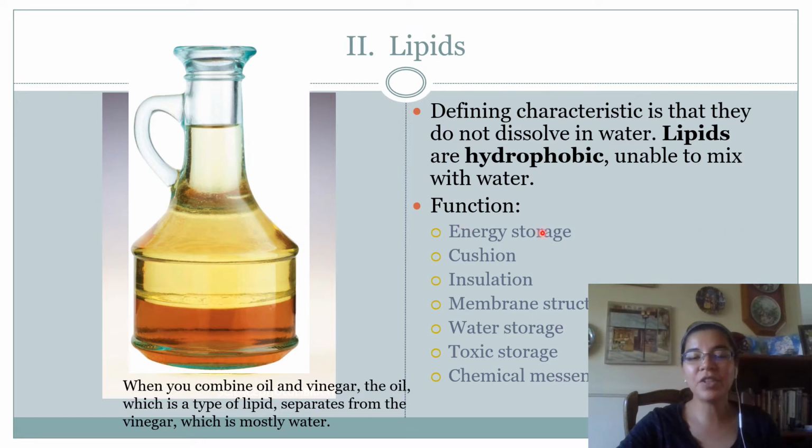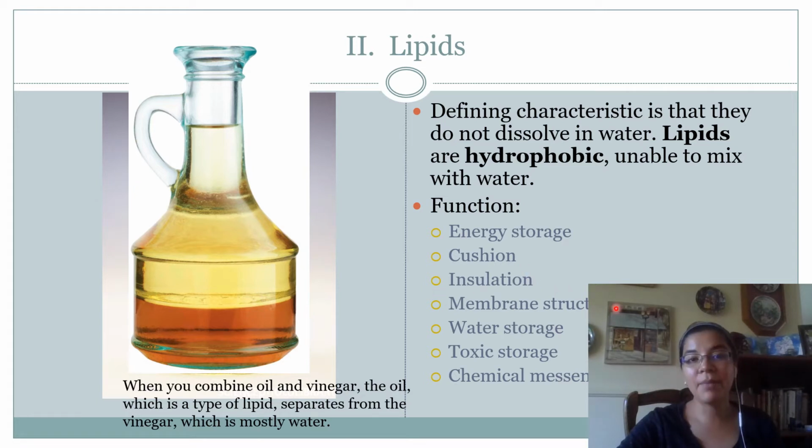So we have energy storage. Fat is stored energy in our body. Cushion: if you looked at a kidney, whether it's a chicken kidney or your kidneys, they are surrounded by fat, and this acts as a protective covering and cushion around your internal organs.